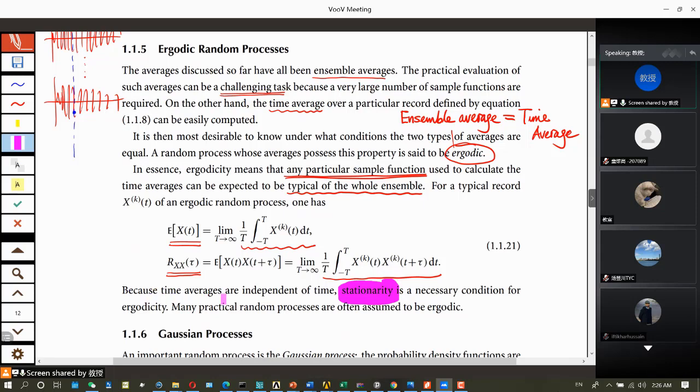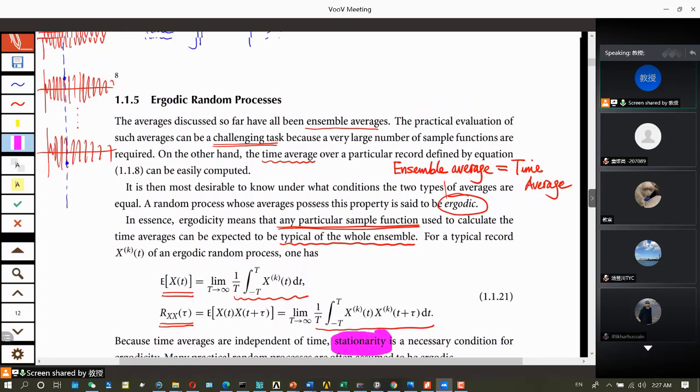Because time averages are independent of time, stationarity is a necessary condition for ergodicity. The English name here is not very informative, and the Chinese translation is much more useful. That's called 个态力均.